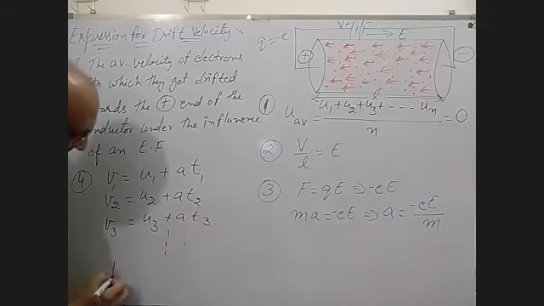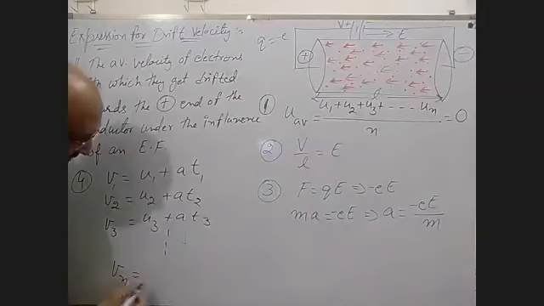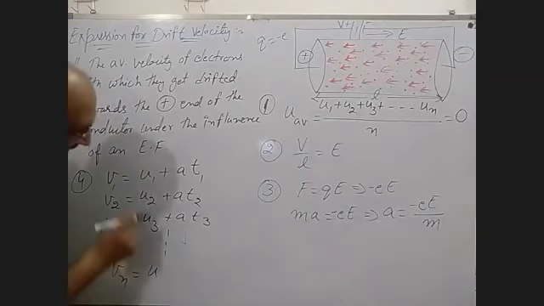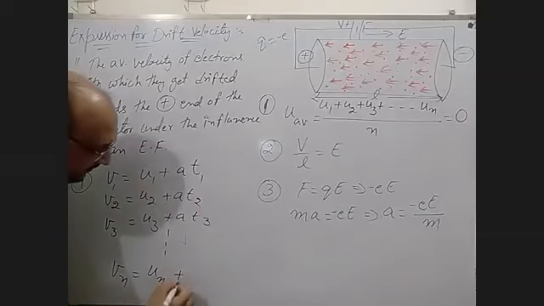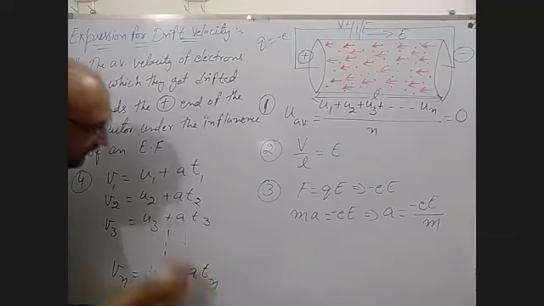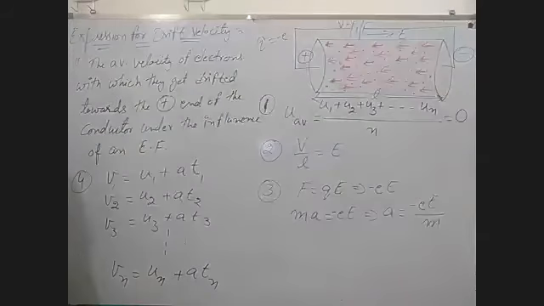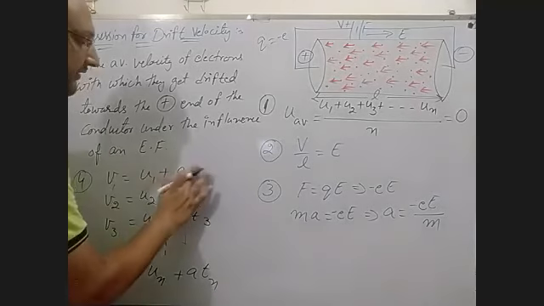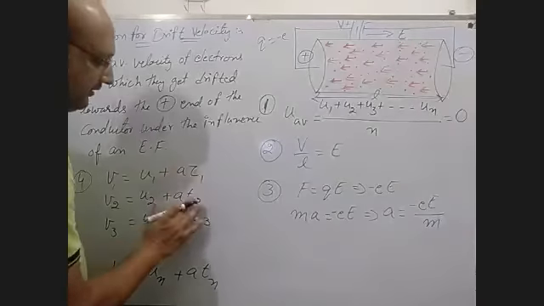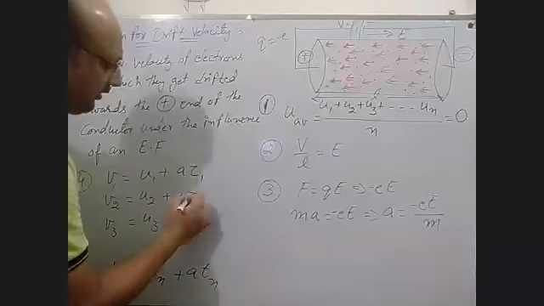And in this way, you can take the drift velocity of the nth electron by taking thermal velocity, u1, u2, u3, un, plus a tn. All these equations you can take in this way for n electrons. But here the time t1, you have to take in tau form.